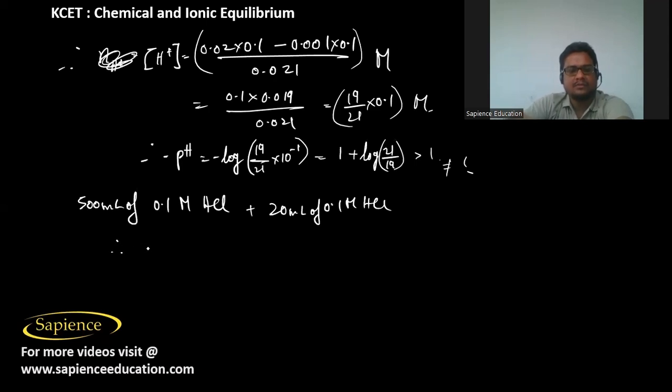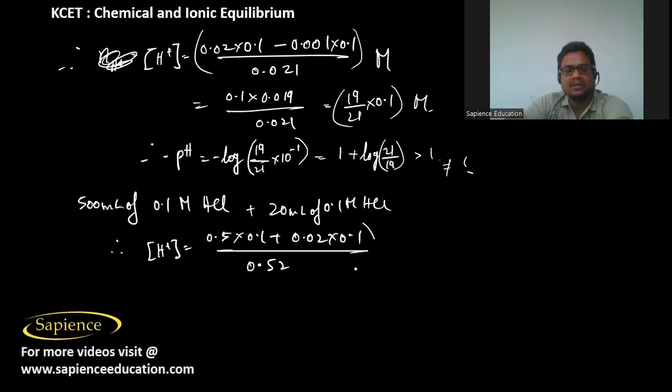Therefore the H plus ion concentration will be the number of moles of H plus, that is 0.5 into 0.1 plus 0.02 into 0.1, divided by 520 ml, so 0.52 liters. So this will be 0.52 into 0.1 divided by 0.52, which is 0.1 only.